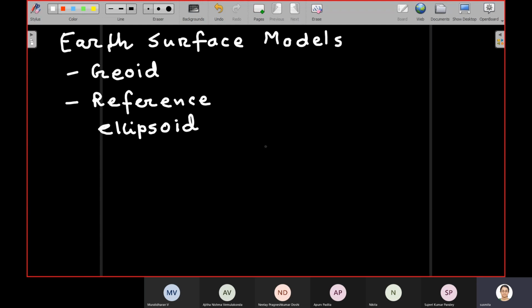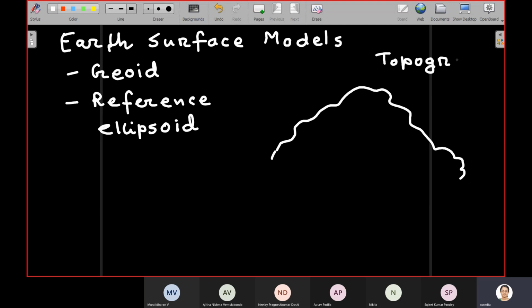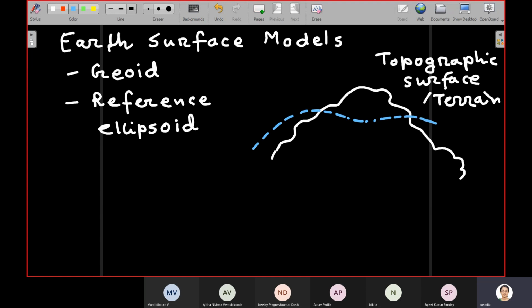Now let me first pictorially show these two models. So let's say this is the topographic surface of terrain. This is mean sea level, okay?